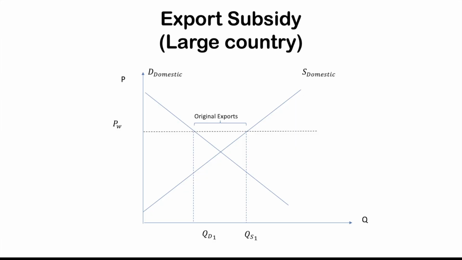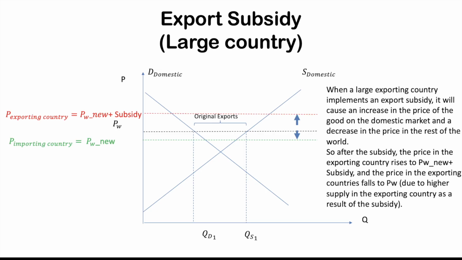Let's go over what happens to an export subsidy when this is a large country. Once again, we start with the open trade PW and the original exports, which is the difference between quantity supplied and quantity demanded domestically. When a large exporting country implements an export subsidy, it causes an increase in the price of the good in the domestic market, but also it causes a simultaneous decrease in the price in the rest of the world.